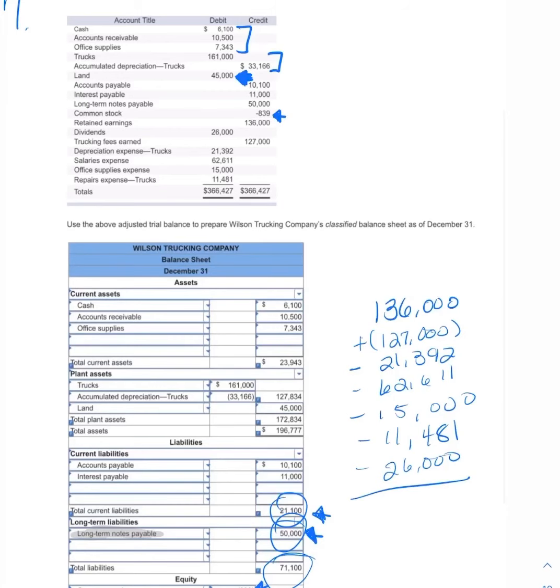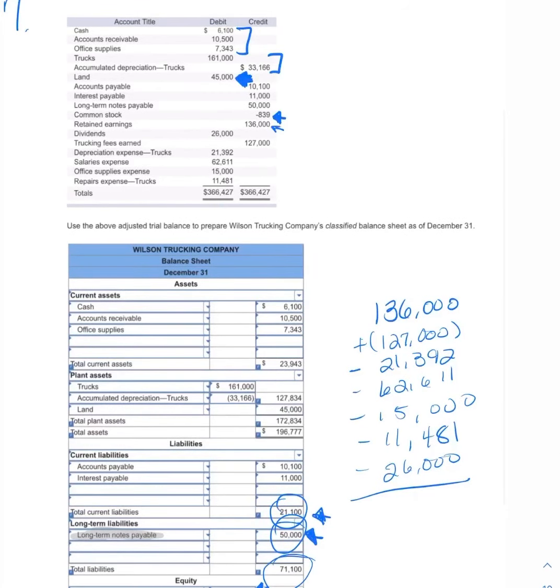Once we find this beginning retained earnings number here of 136, we will then add in our $127,000 worth of trucking fees that were earned, back out all of our expenses here, and our dividends last. Once all of that is done and the math is put into a calculator, you will come out to 126,516 for your ending retained earnings balance.